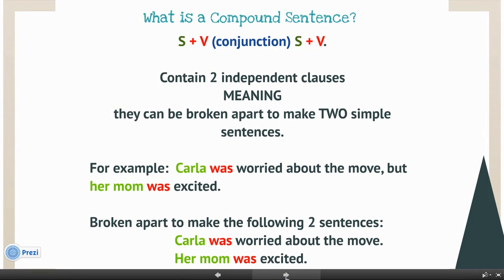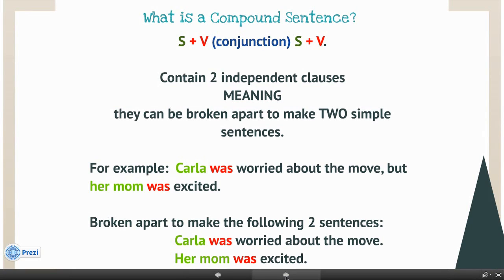So here we have two subjects and two verbs. And we can see that the coordinating conjunction is but in this example. So then, if we wanted to break apart this compound sentence into two sentences, then we would have Carla was worried about the move. Her mom was excited.